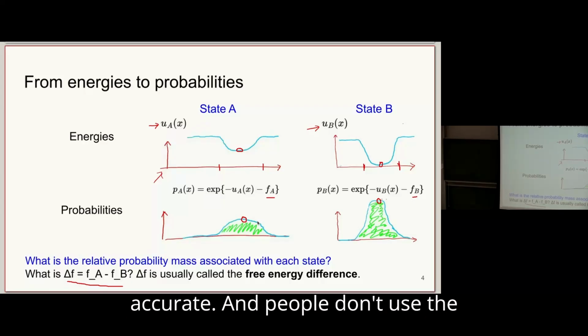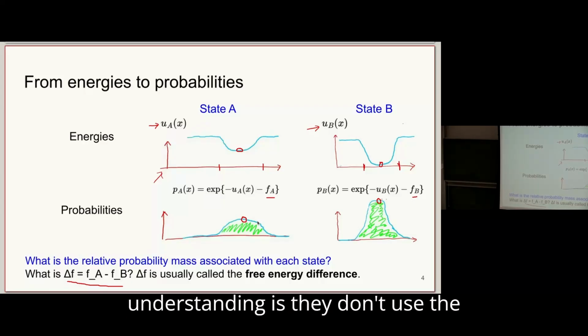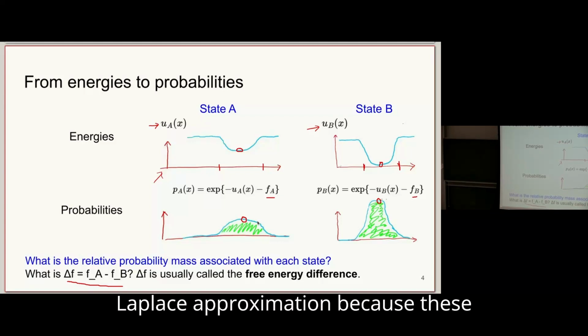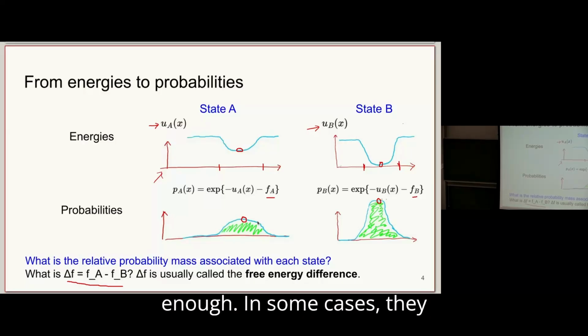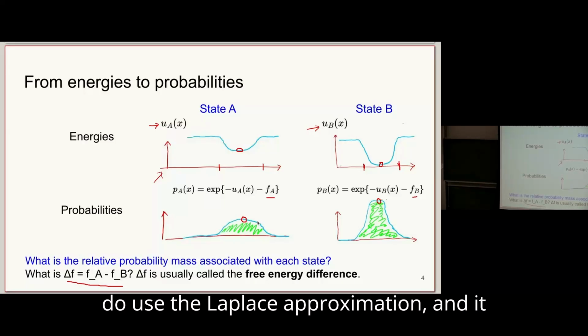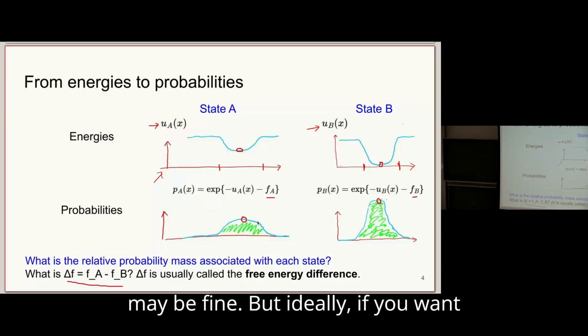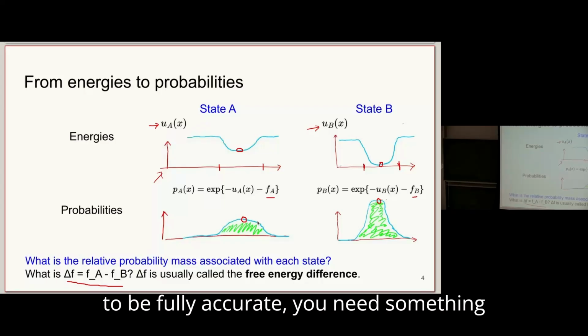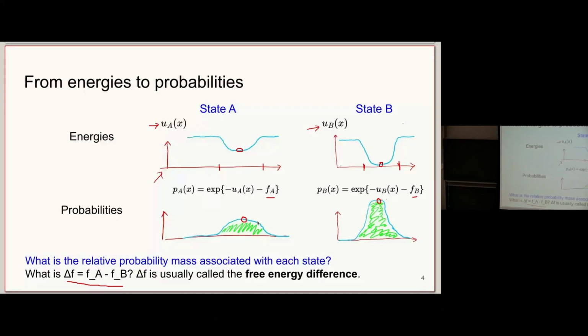My understanding is that people don't use the Laplace approximation because these distributions are not close to Gaussian, and the Laplace approximation will not be good enough. In some cases they do use it, and it may be fine. But ideally, if you want to be fully accurate, you need something like BAR or more general.